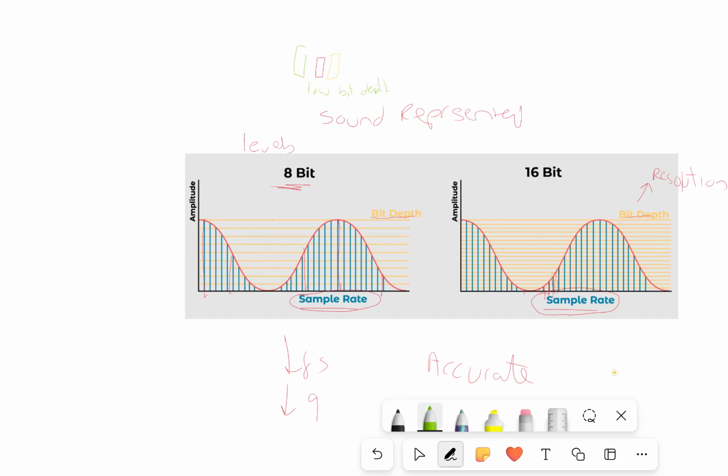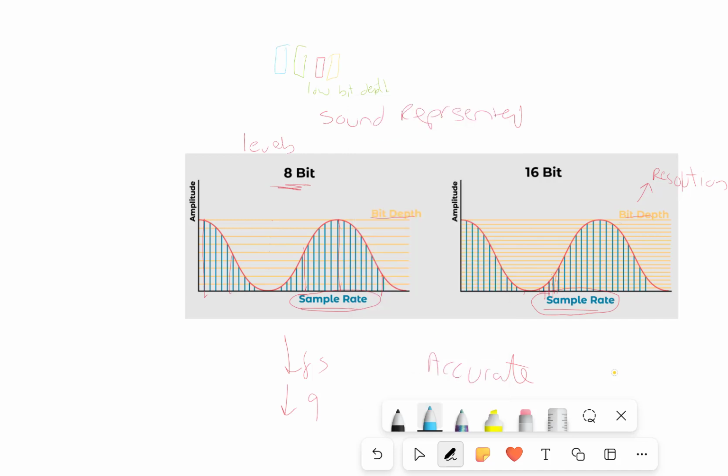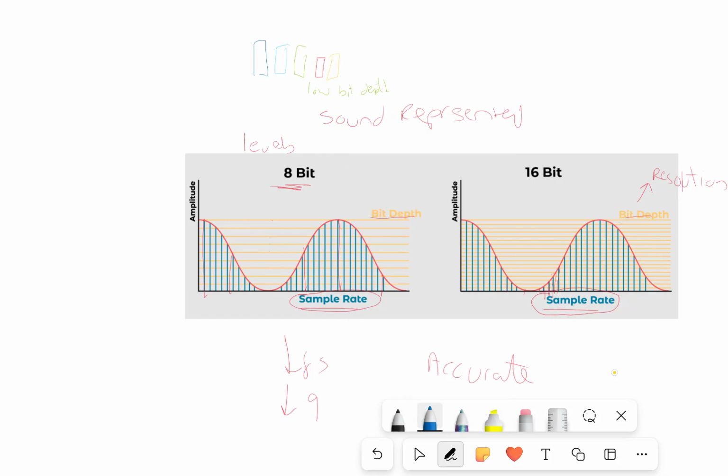That means that our picture isn't going to be that realistic, but if we've got loads and thousands of different shades, we'll have a higher bit depth, which means our image will be more detailed, more vibrant. Let's go with that, more detailed. So higher the bit depth, more detailed. So in terms of sound, the bit depth tells us how many different levels of volume we can have and we can capture.